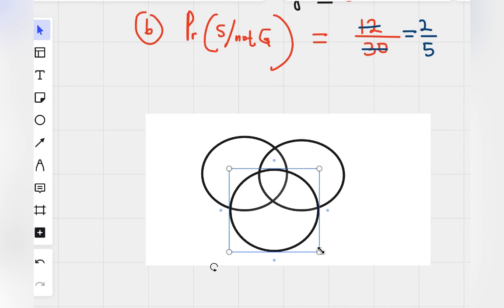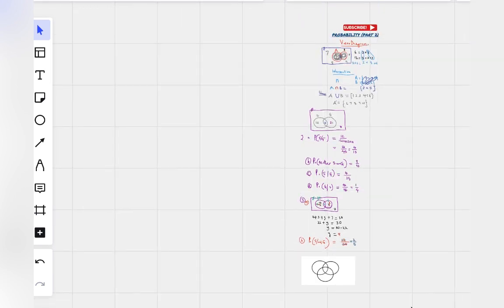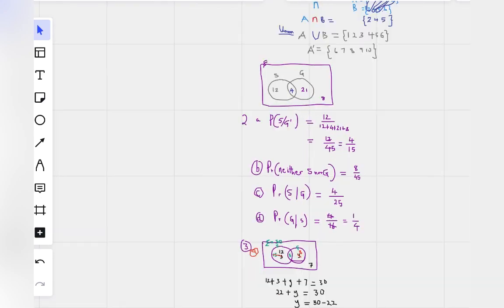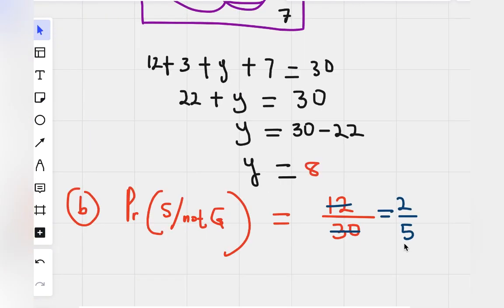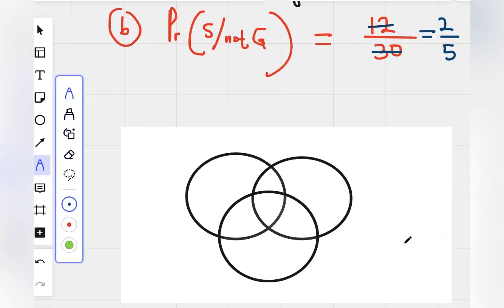So let's quickly see what it is. So here is set A, here is set B, and here is set C.